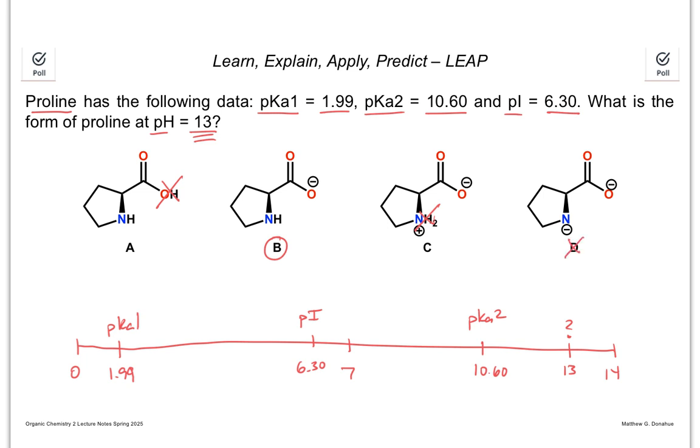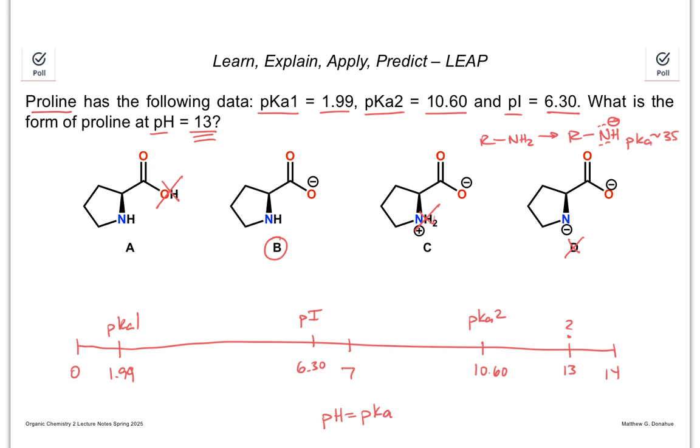D is not correct because the pKa value of, say, just a regular NH2 group to form the negative charge on the amine, that pKa is around 35. So that's well past the pH scale. And remember, we're only operating between 0 and 14, where pH is equal to pKa.